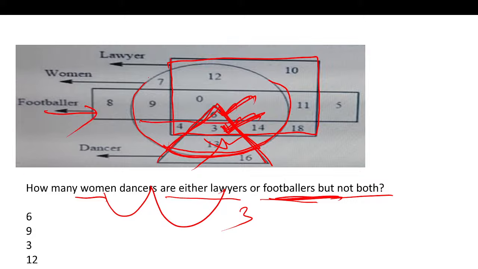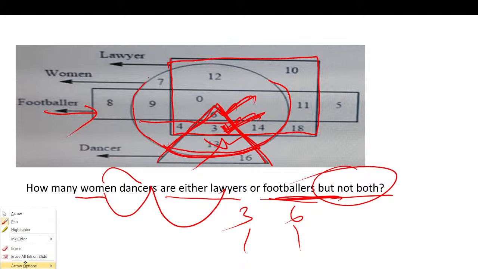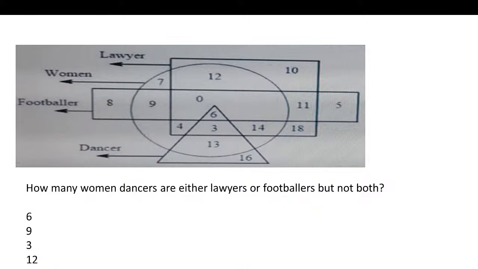This 6. So they are asking you, it should be either 3 or 6, but not both. Not both means they can be women and dancers, either lawyers or footballers, but not both.